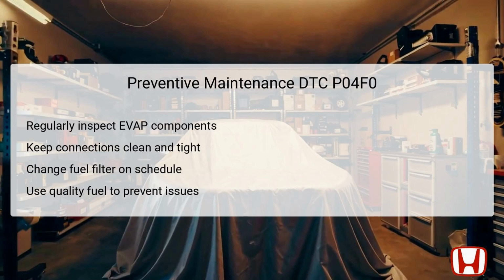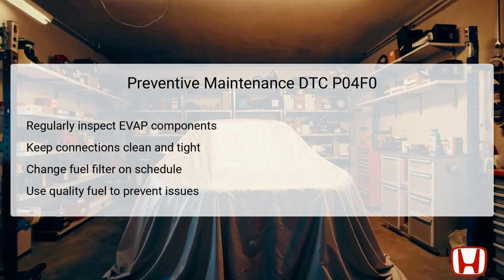To prevent issues related to DTC P04F0 from arising in the future, regular preventive maintenance is essential. One important practice is to routinely inspect all EVAP system components, including connections and hoses, to ensure they are clean and properly sealed. Keeping these areas in good condition can significantly minimize the risk of blockages or leaks that would lead to error codes.